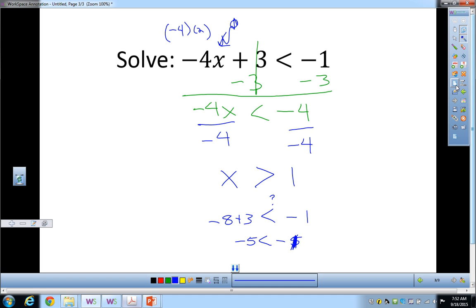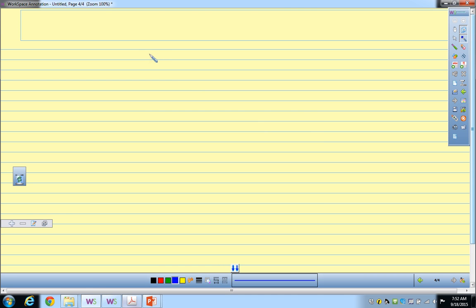Be careful, because what people always want to do, they'll do something like, and I'll just make one up: 3x is greater than or equal to negative 9. How would I solve this? What would I do to both sides to get rid of this 3?